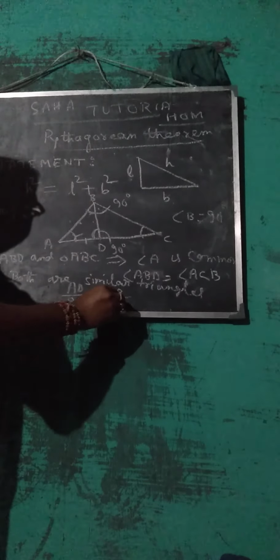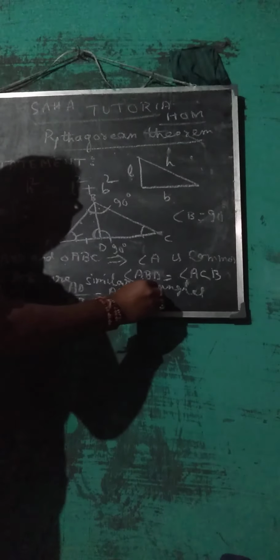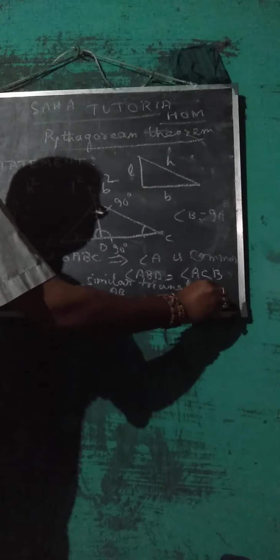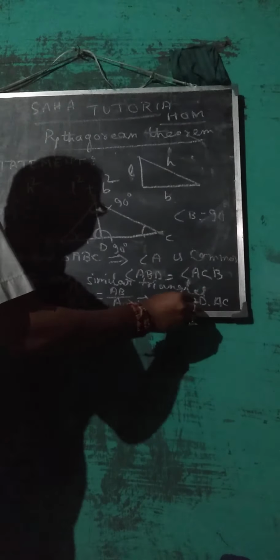So it implies that AB square is equal to AD into AC. You have to keep in mind this is one result. Now we will go to another result.